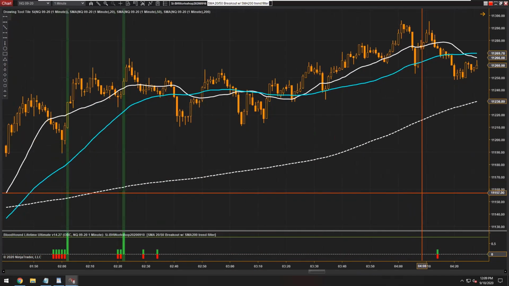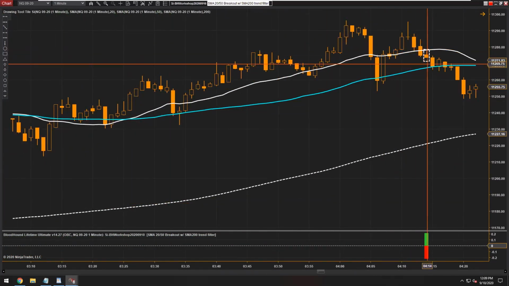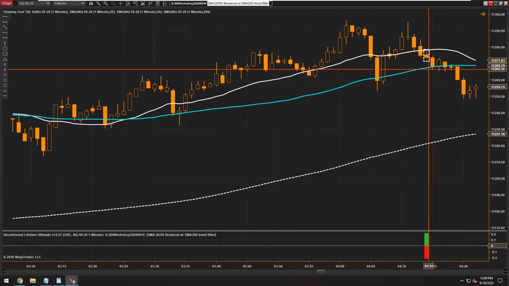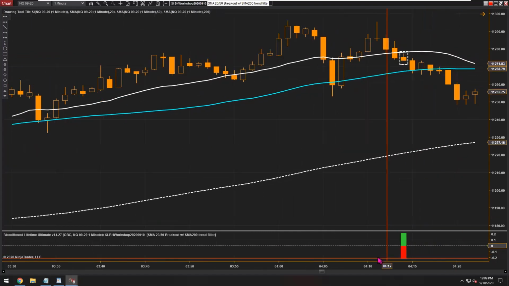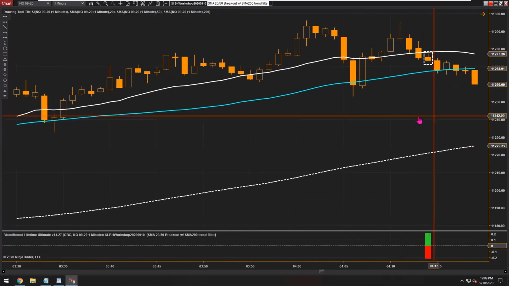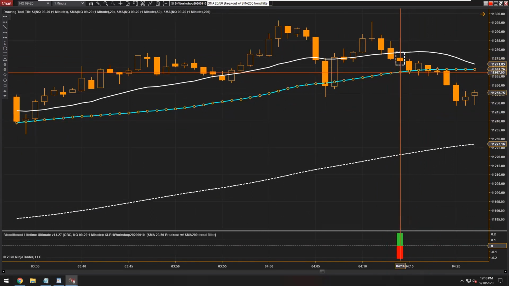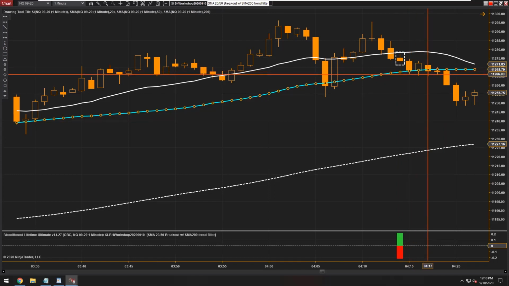Here we go. All right, here's what I was looking for. This is what I figured would happen eventually. Surprisingly it took a while, but we have one bar in between the two moving averages. And then we have a bunch of bars where the wicks are touching the moving average. So we have 1, 2, 3, well, actually just 1, 2.